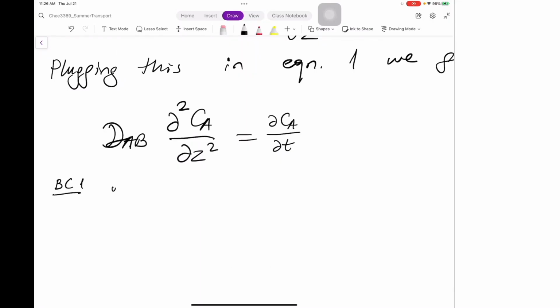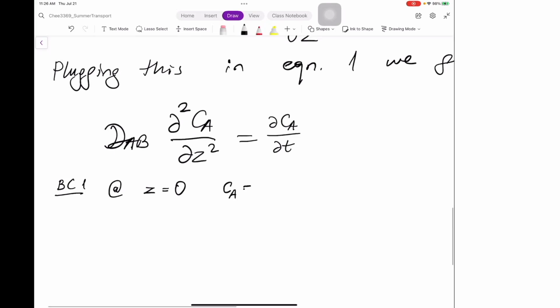The first one, at z is equal to 0, you can assume that once the water is in contact with the oxygen, the surface comes to the equilibrium immediately because it has a 0 thickness. It's just going to come abruptly to the equilibrium. So you can assume that Ca is equal to Ca saturation. We can call it CAS.